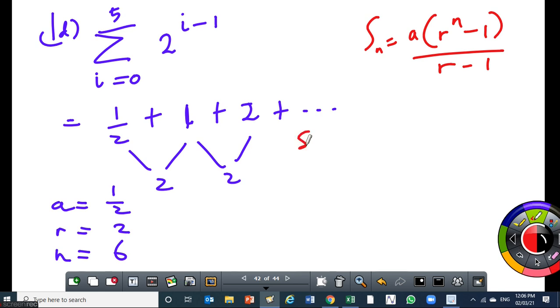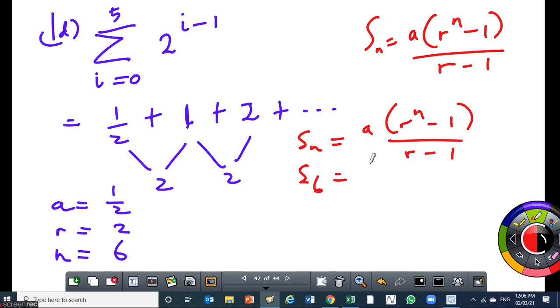Okay, so if I use that formula, write it down, Sn equal to a times r to the power of n minus 1 over r minus 1. So this will be S6. My first term is a half. My common ratio is 2. The number of terms is 6. Alright? Then where there is r there, you put what?